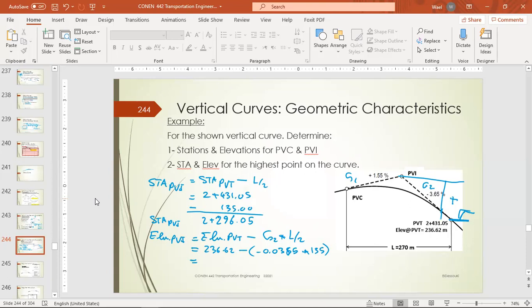So here it's going to be 241.55 meters above mean sea level. Usually the elevations are above mean sea level. So that was the first part for the BVI.